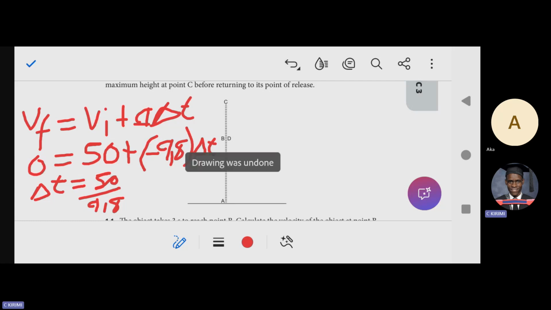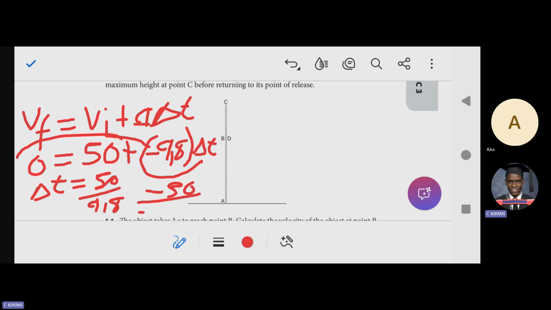Or you can take the negative to the other side, it becomes positive, and you divide 50 by that positive number. Or you can say minus 50 over minus 9.8. You arrive at the same answer.